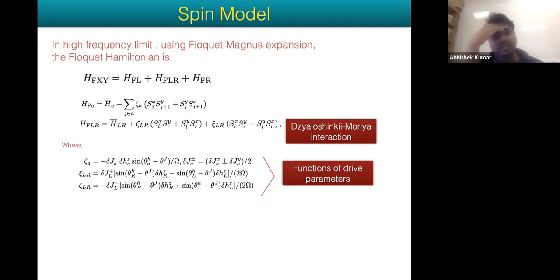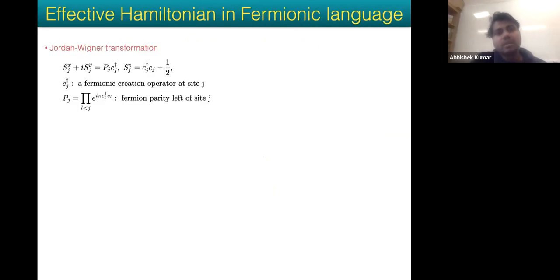So to overcome that problem, we will go to the fermionic representation and try to diagonalize the Hamiltonian and calculate the quasi energy, so that we can calculate the time average Floquet gauge current. Okay.